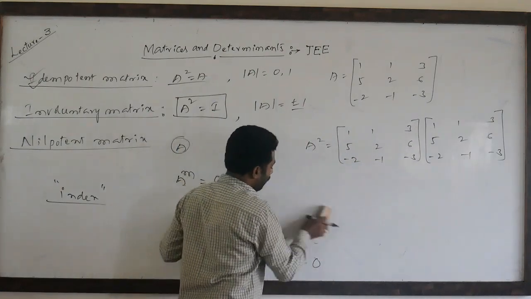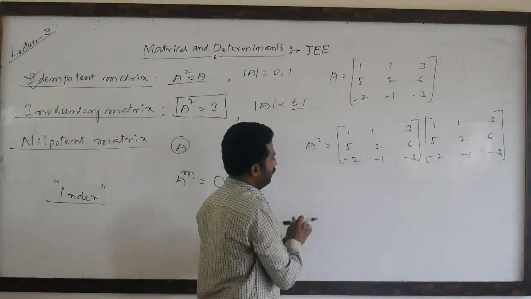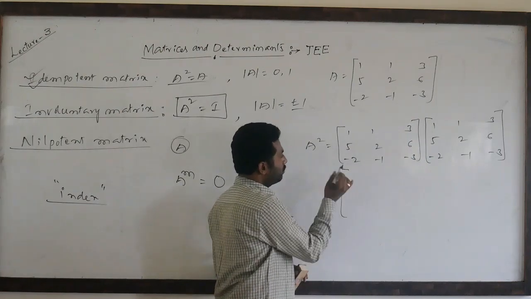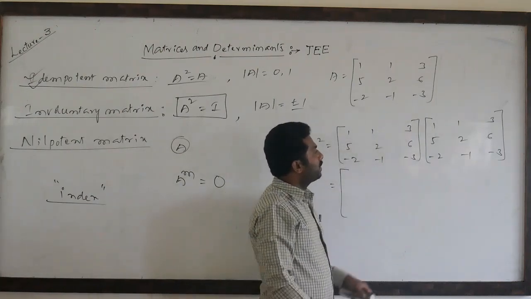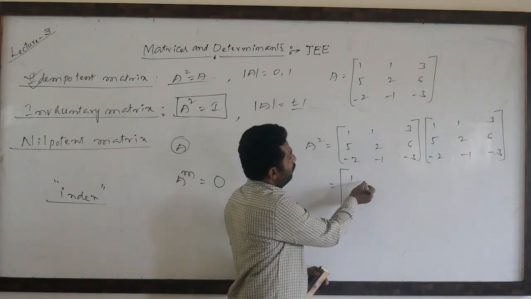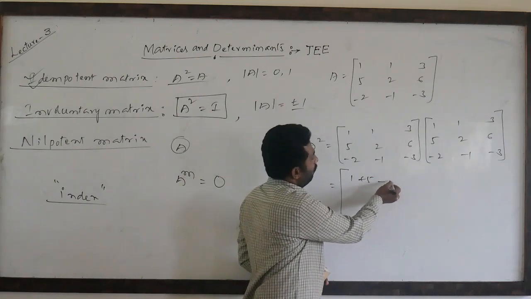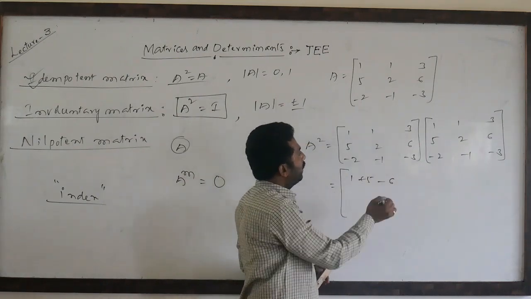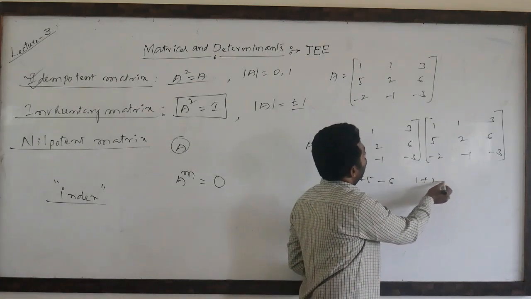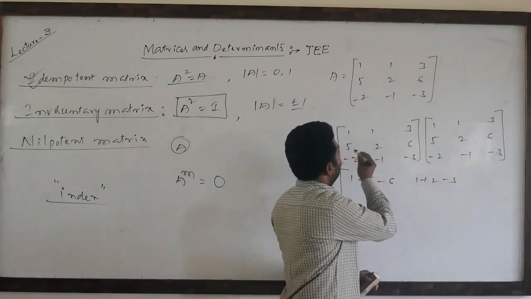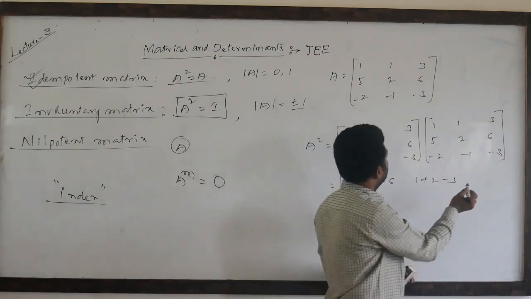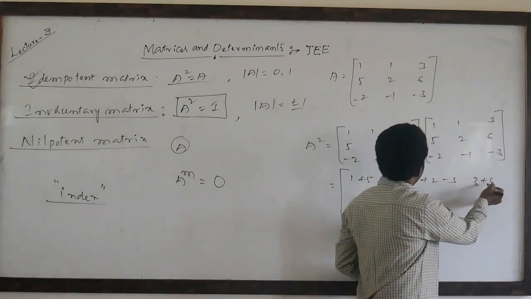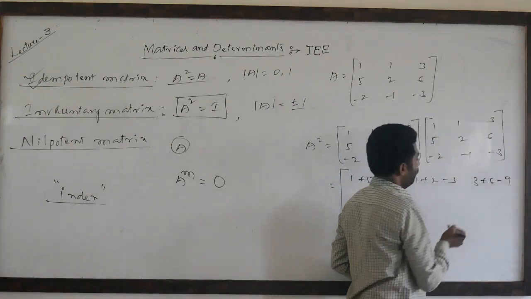So if we multiply, what is A square? First row, first column: 1 plus 5 minus 6. First row, second column: 1 plus 2 minus 3. First row, third column: 3 plus 6 minus 9.